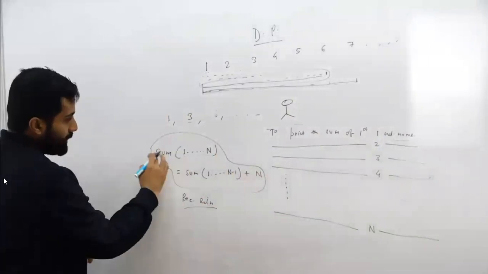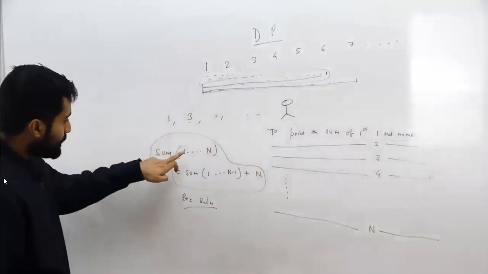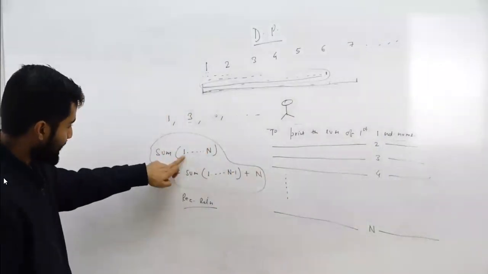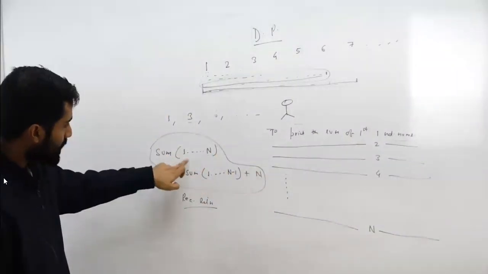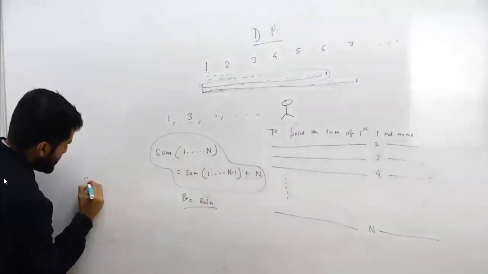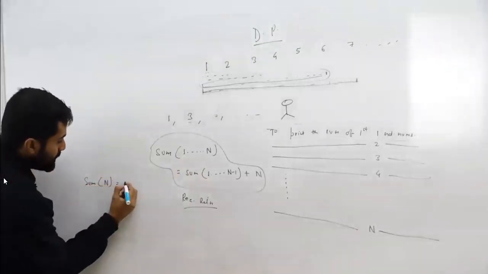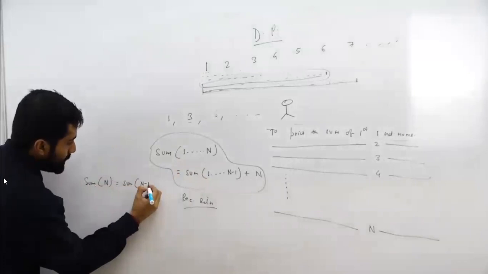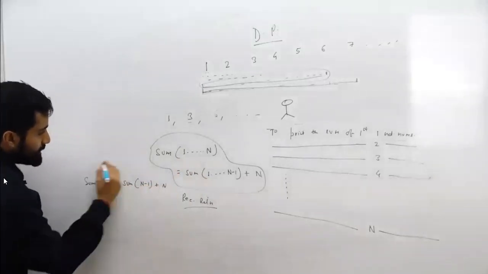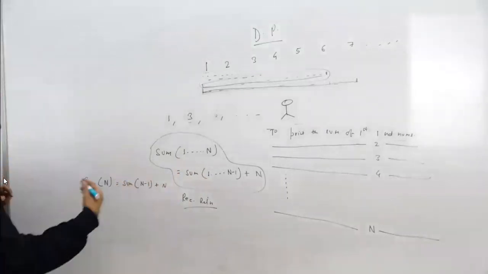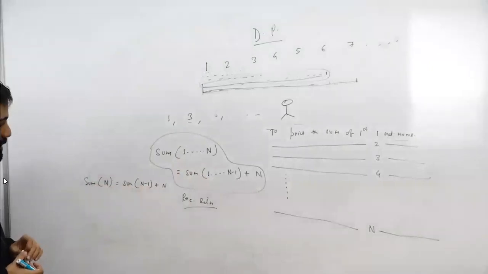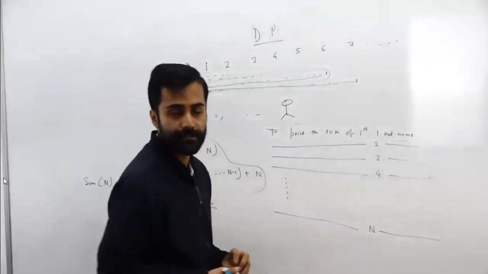Now, whenever you are writing these equations, you do not mention those things which do not change. Like this one does not make any sense. So I can just write it sum n. Sum n means sum from 1 to n. Similarly, sum n minus 1 means sum till n minus 1. So this is the equation that I can write. And once I write this equation, I can just use it for all my purposes.